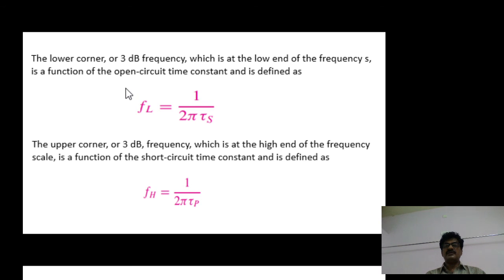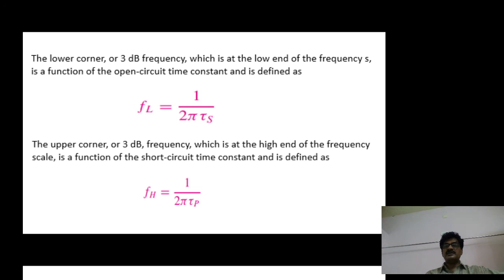The lower cutoff frequency is a function of the time constant at low frequencies, with the notation tau s. Therefore, FL equal to 1 by 2 pi tau s.